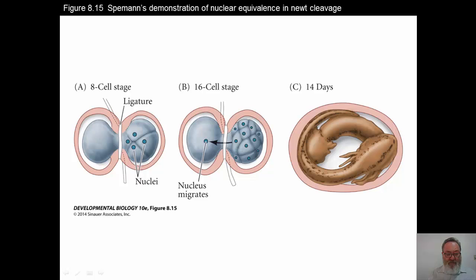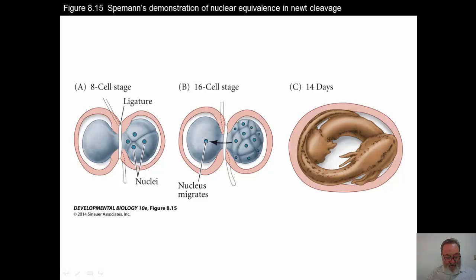If we look here at Figure 1, this is one classic experiment that really began Spemann's research program, and it was actually an experiment that we had talked about in one of our earlier lectures, in which he demonstrated that when a fertilized egg was constricted by a ligature, with the nucleus excluded from half the egg, that half remained undivided.